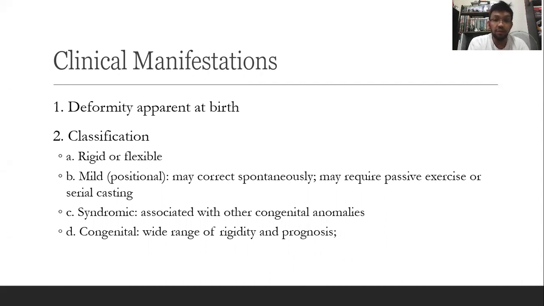Mild, positional: it may correct spontaneously once the patient grows older and may require passive exercise or serial casting. Syndromic: this is associated with other congenital anomalies, so if any other congenital anomalies are present. And congenital: it has a wide range of rigidity and prognosis as well.